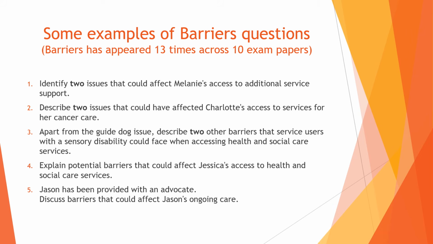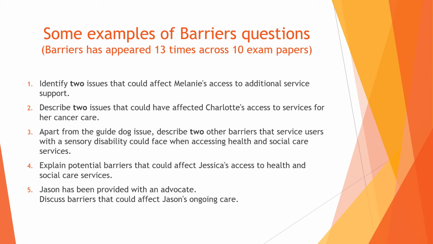My advice when it comes to a barriers question, the key thing to do, obviously, is identify the type of barrier. That's the one thing you'll do for a 2 marker, you're just identifying it, but for later questions, you need to add a bit more detail to it. When you're identifying the barriers that affect the person, try to make it specific. Try to reference them.